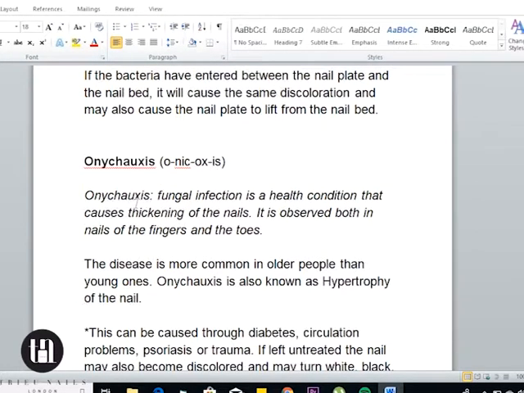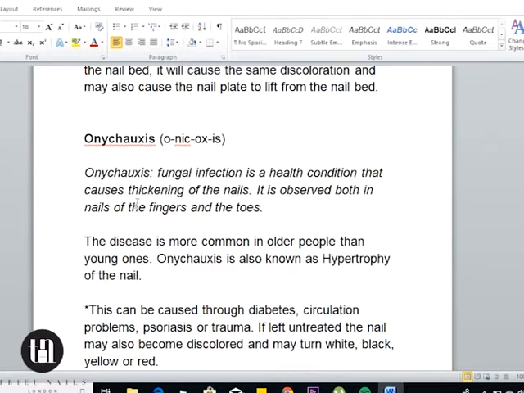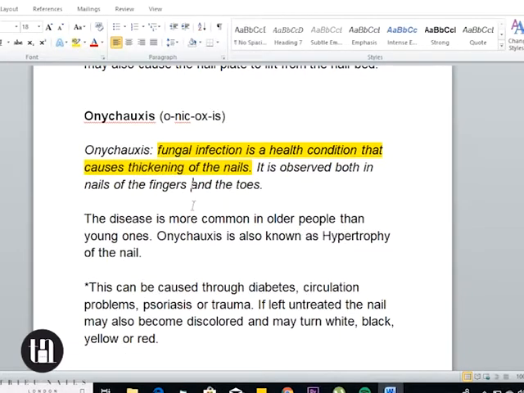The next nail disease is onychomycosis. It's a fungal infection, and it's a health condition that causes thickening of the nails. It's observed in both fingernails and toenails.